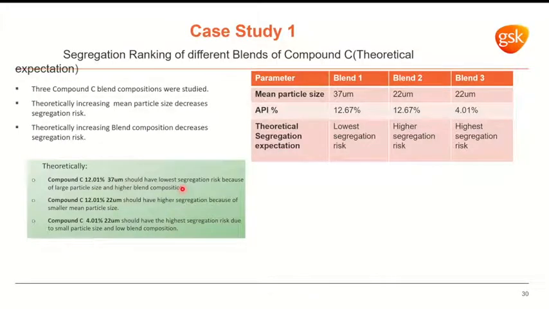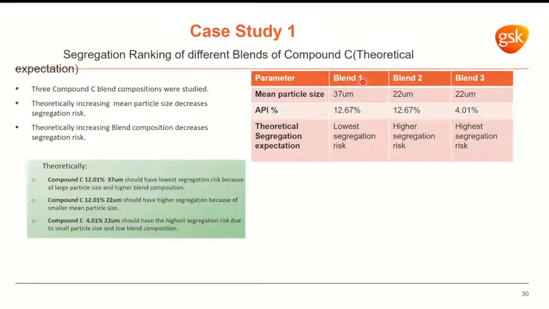So talking more about this, as I said, there are three different blends of compound C. Blend 1 has the largest particle size and the highest API concentration in the blend, and blend 3 has the smallest particle size and the smallest API percentage in the blend of only 4.01%. From a theoretical perspective, we expect that the higher the API percentage, the lower the segregation risk, number one.